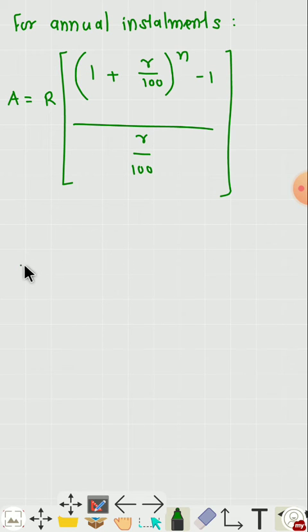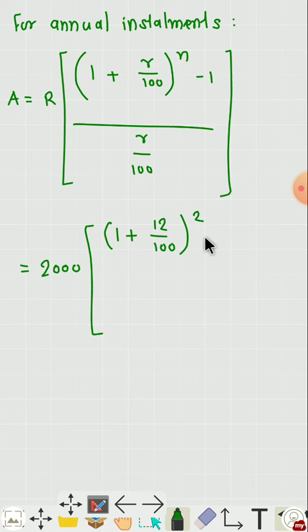So if I put all values, R is 2000, inside the bracket 1 plus 12 divided by 100, whole raised to the power 2, minus 1, and whole divided by 12 divided by 100.